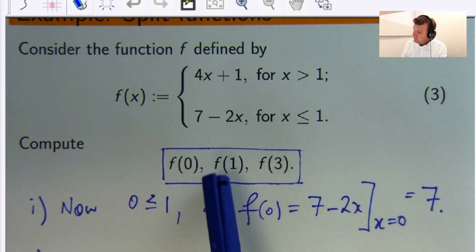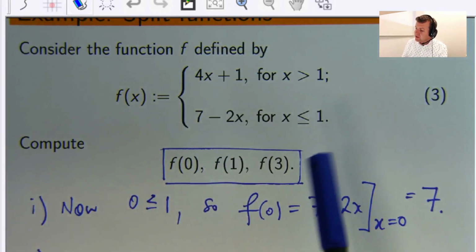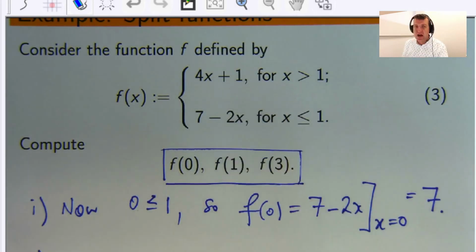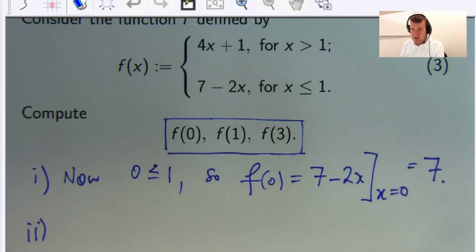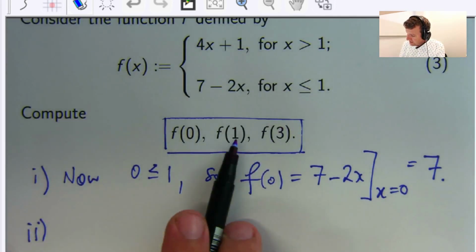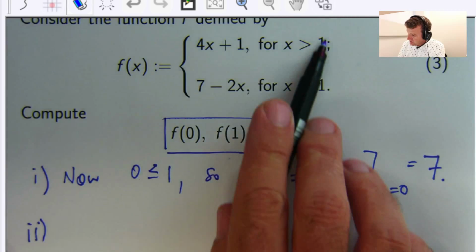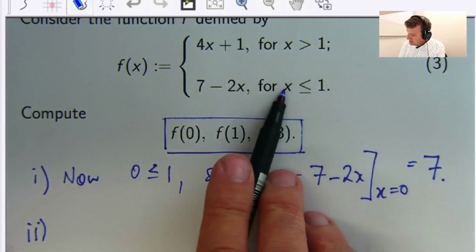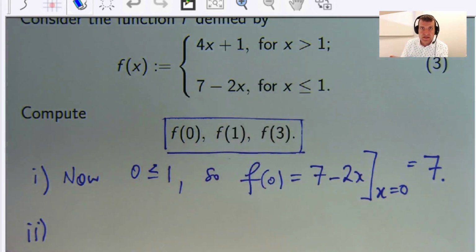What is the value of f when x equals 1? You can see at x equals 1, that's where the change in the split function occurs. For x equals 1, it's not this bit. It's this bit, because x less than or equal to 1 aligns with x equals 1.